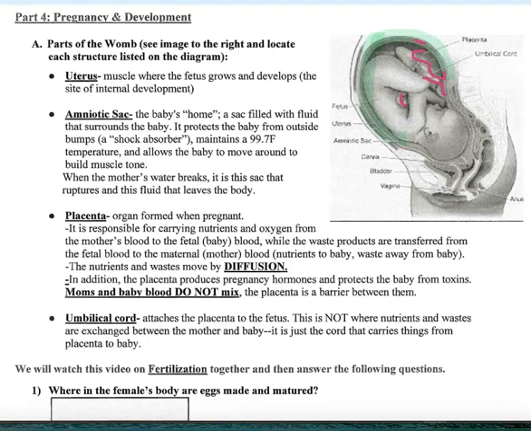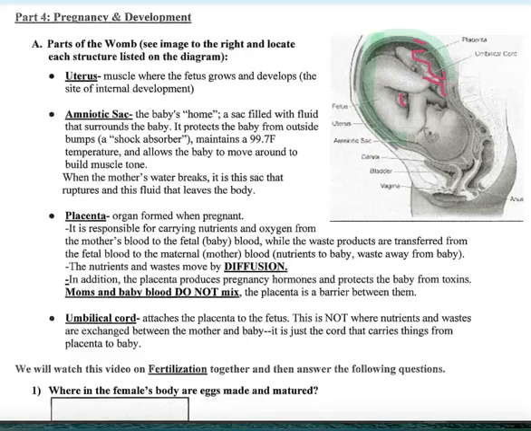The umbilical cord is also responsible for removing waste from the fetal blood back to the maternal blood, and then the mother can excrete them. The nutrients and waste move by diffusion. We talked about diffusion. Diffusion is a process where substances move from an area of high concentration to an area of low concentration.